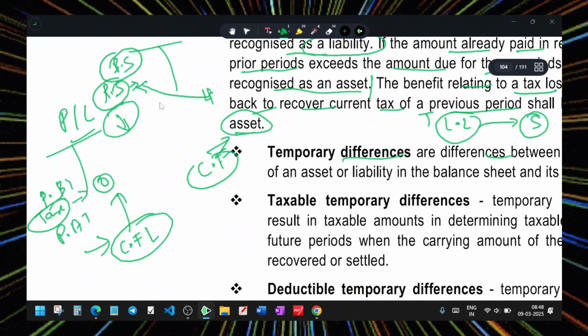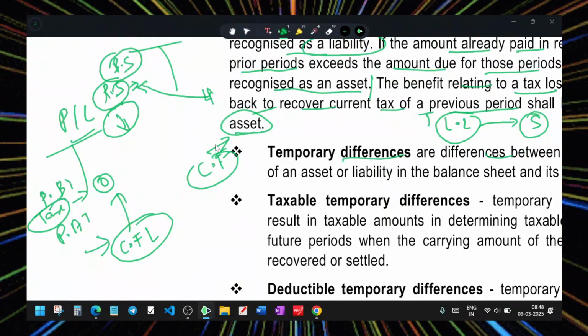You can see the books of account, but it would never be shown in the books of accounts as an asset, as carry forward loss. As per the income tax act, it is carry forward loss. So this accounting has brought an opportunity to show carry forward loss. That is a very good thing.